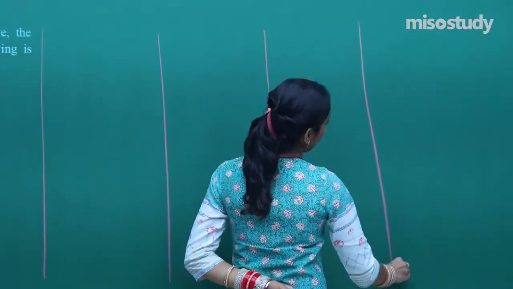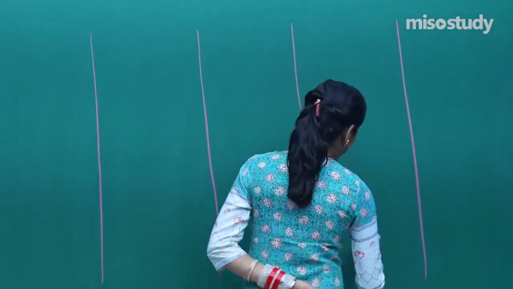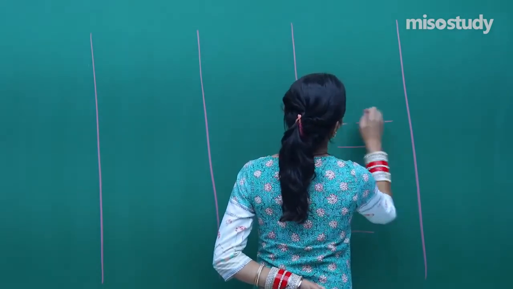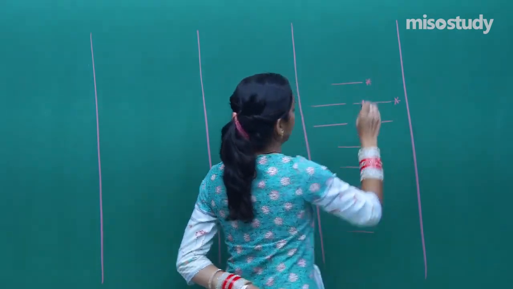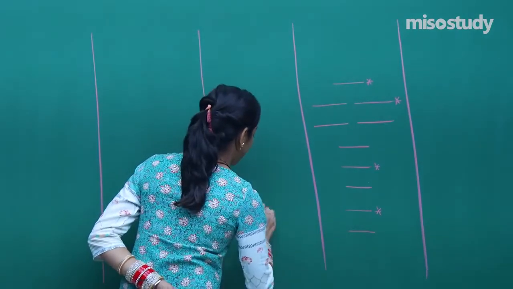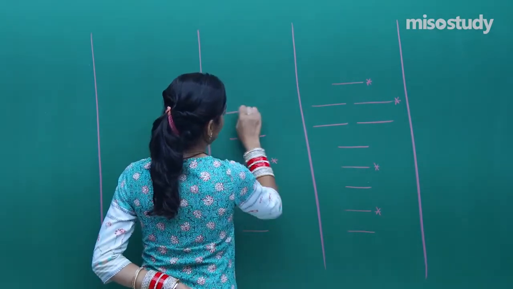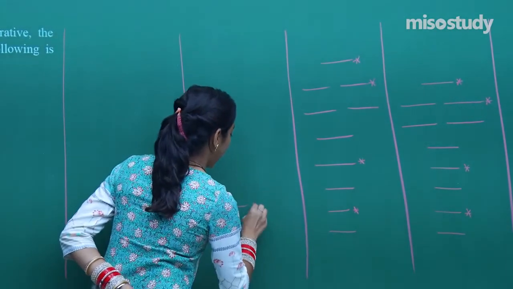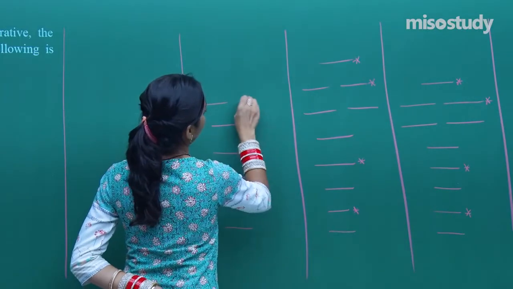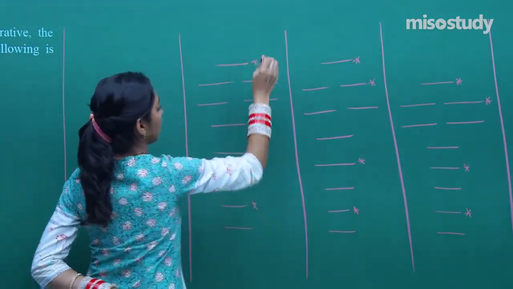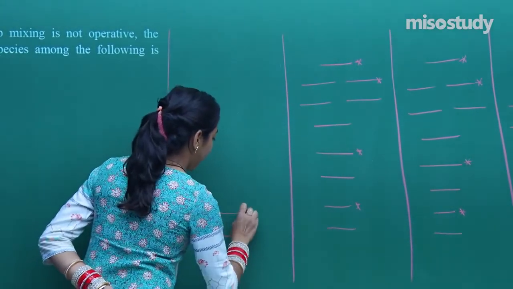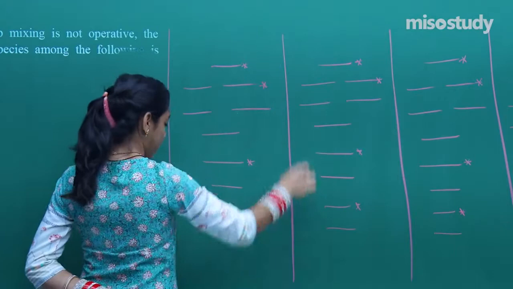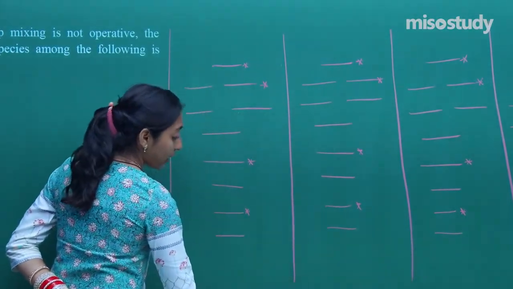I'll draw the diagram, and the diagram will go like sigma 1s, sigma star, sigma 2s, sigma star, sigma 2pz, pi 2px, pi 2py, pi star, and sigma star, right? I am drawing the same ordering four times, once for each option. Now we have to fill in the electrons.